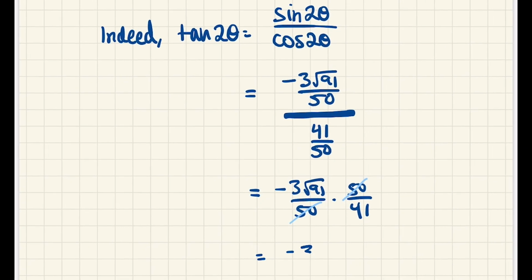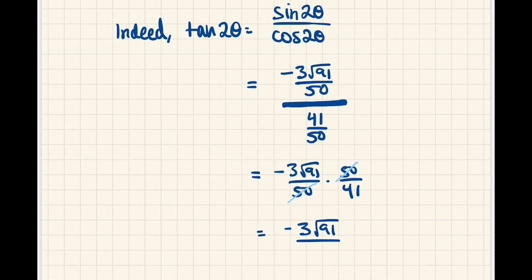And we get negative 3 root 91 over 41. And yeah, we could have predicted that this would be negative because by this point in the problem, we knew that 2 theta was in the 4th quadrant. So of course, tangent would be negative. Okay, so hooray, we're done.